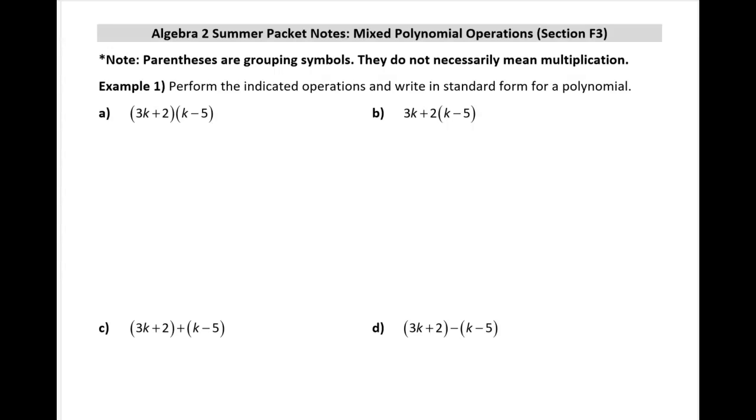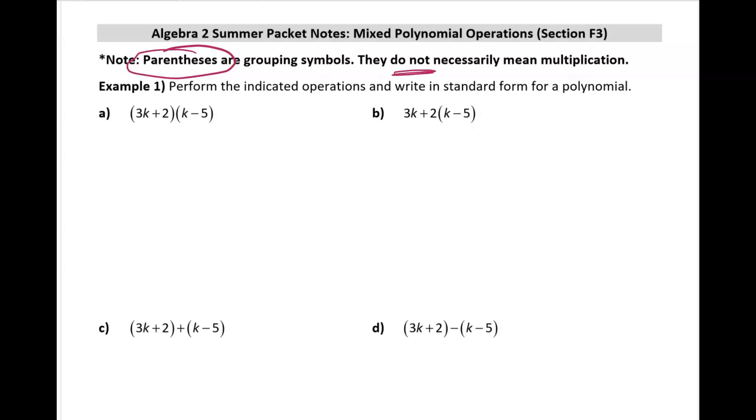When we're asked to do operations on polynomial expressions, it's really important that we distinguish between multiplication, addition, and subtraction. Now, quick note, parentheses are just grouping symbols. They do not necessarily mean multiplication.